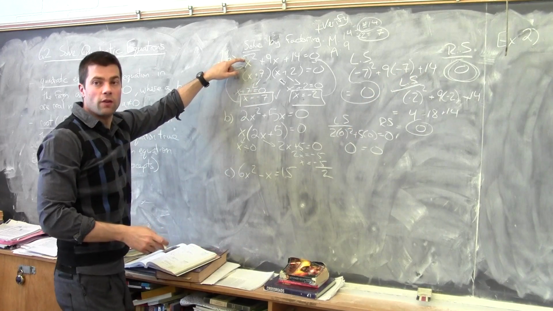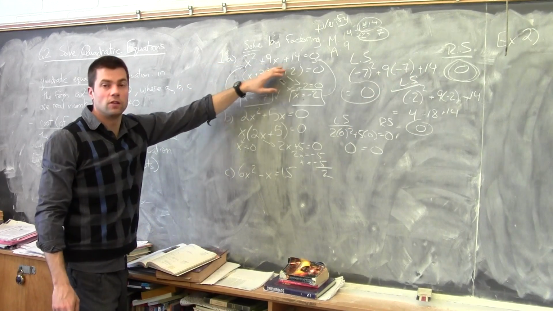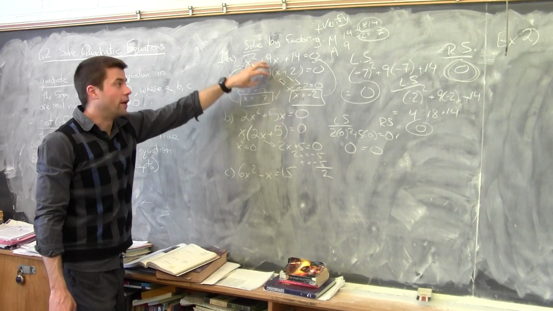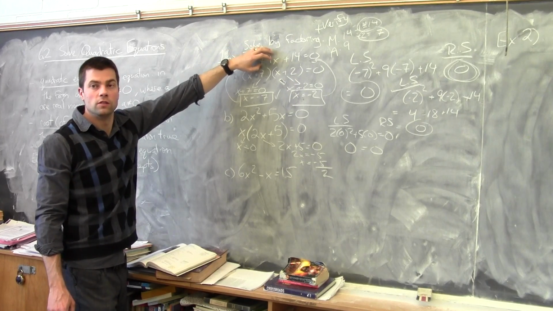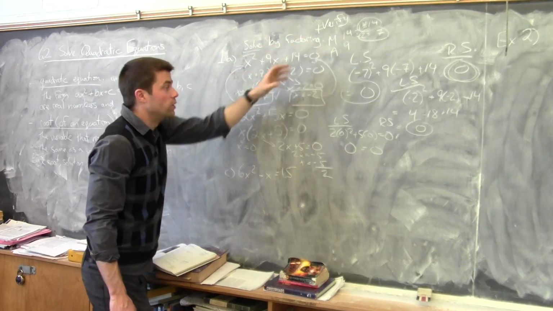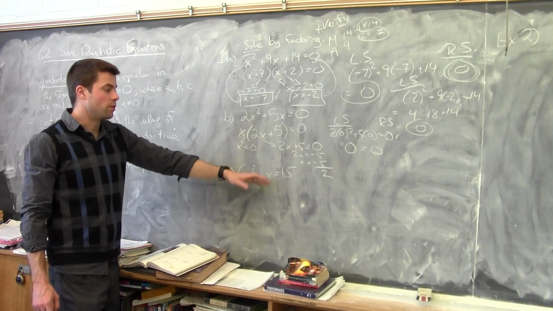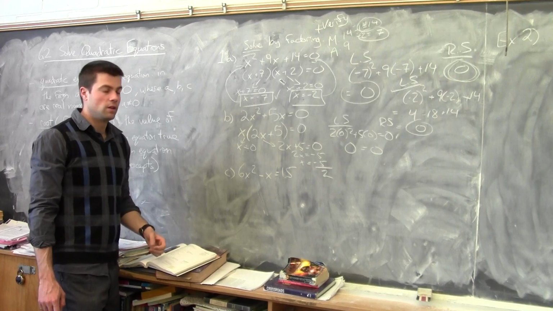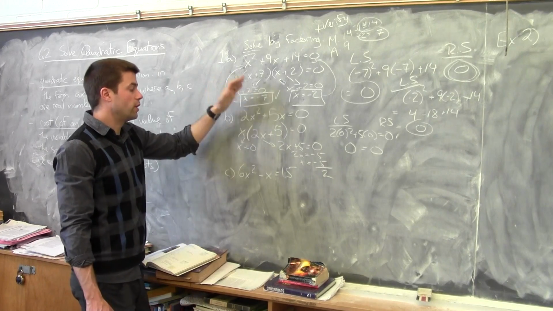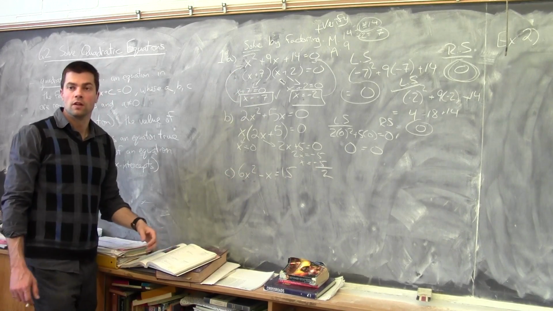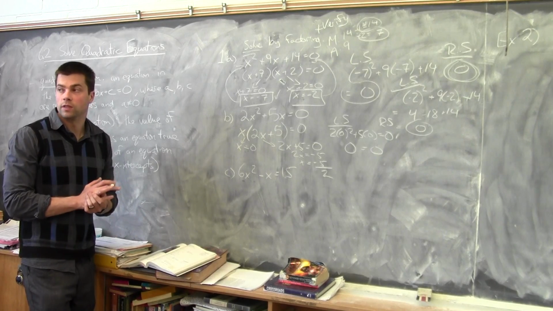So left side, right side is the brackets aren't even existing yet. Left side is from the original equation. And right side is always 0, usually, typically, right? In this case it's not, but we're going to rearrange it so it is, but either way. So when you do left side, right side, you always look at the original equation. And again, that's because you might make a mistake along the way.